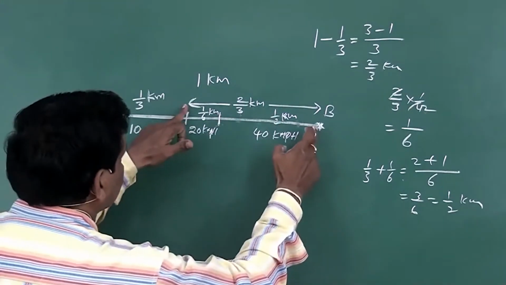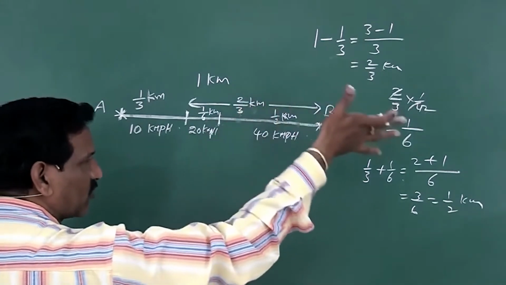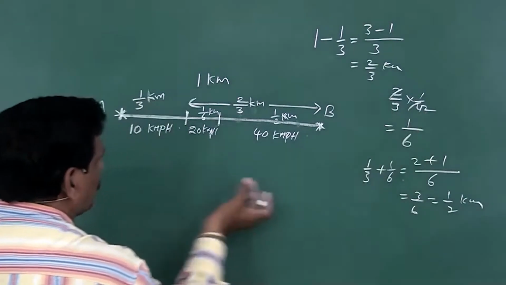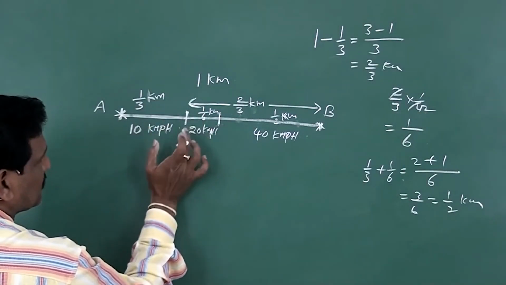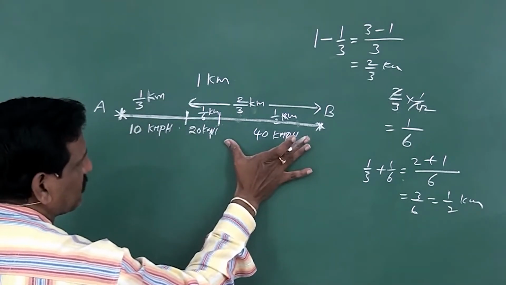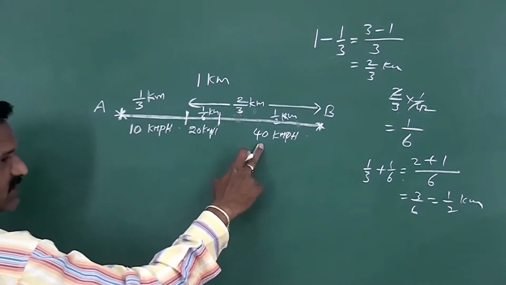Here remaining distance is 2/3 kilometer. Out of 2/3 kilometer we have to take 1/4. That is 2/3 into 1/4, 1/6 kilometer. 1/3 plus 1/6 becomes 1/2. So this is half kilometer. Hence this remaining distance is half kilometer. Now this half kilometer is travelled with a speed of 40 kmph.